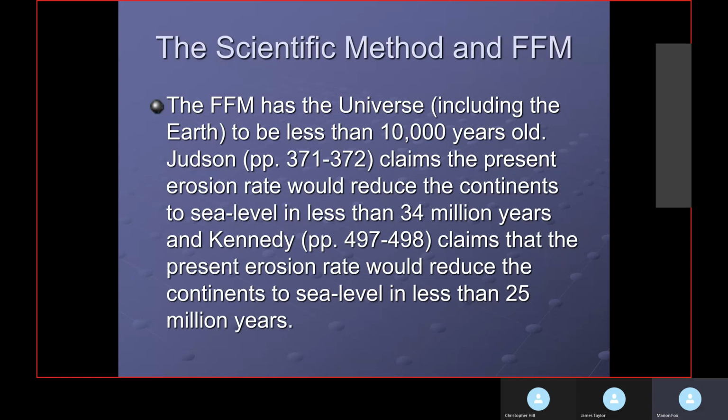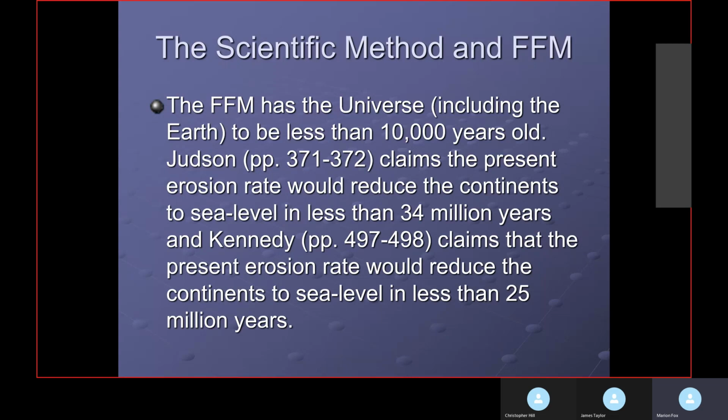Judson, pages 371 through 372, and we've already looked at Judson in our book, so it's in this chapter, claims the present erosion rate would reduce the continents to sea level in less than 34 million years. And Kennedy, pages 497 to 498, claims that the present erosion rate would reduce the continents to sea level in less than 25 million years.